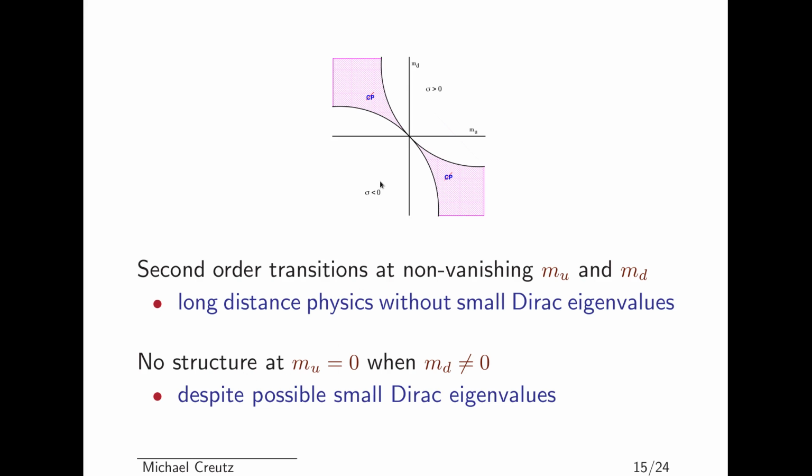The fact that there's no structure at m_u equals 0 and m_d non-zero means it's possible that there's basically no structure there, even though there could be small Dirac eigenvalues there, but those must somehow all cancel each other.